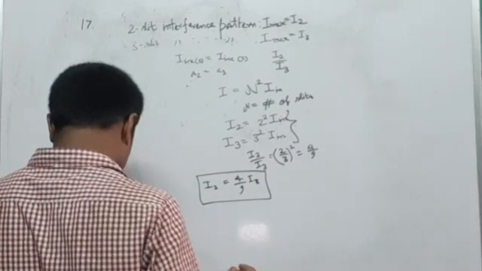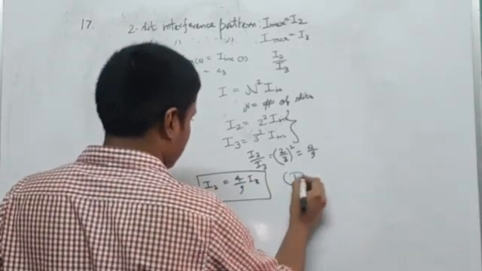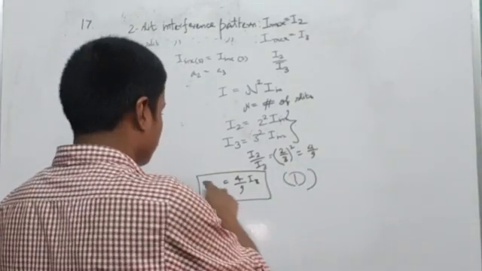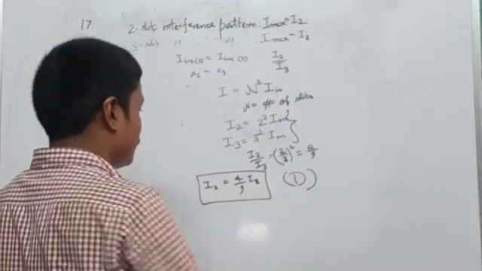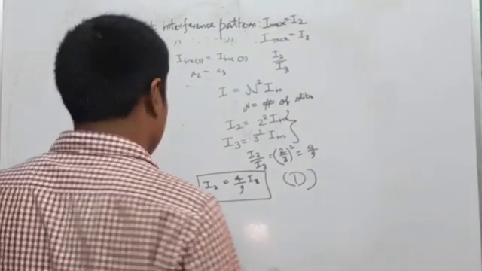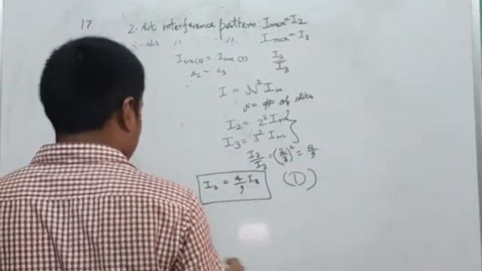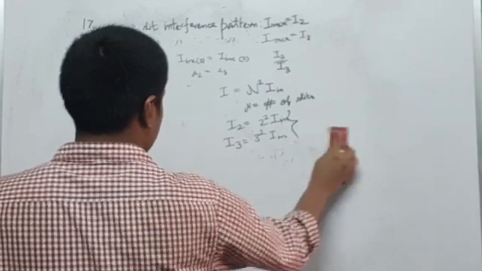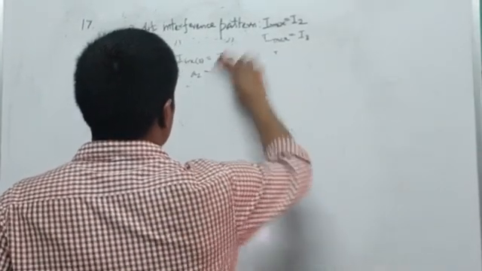According to the options given, this is option D. So I2 and I3 are related in the ratio of 4:9. So this concludes our problem of interference pattern, and we can now move on to the next problem.